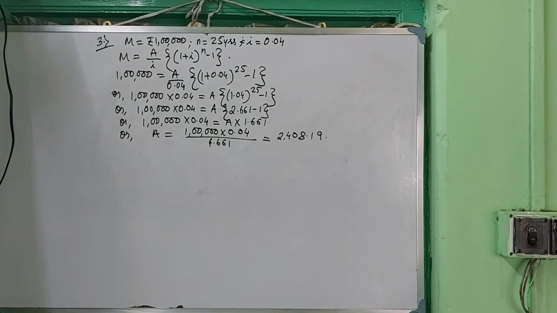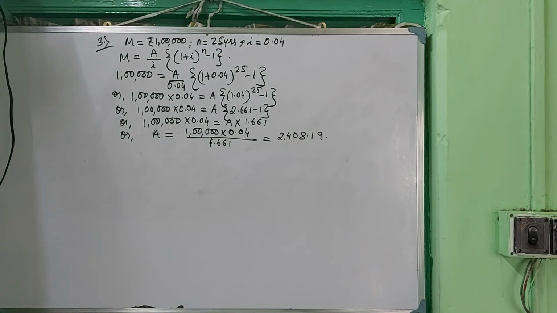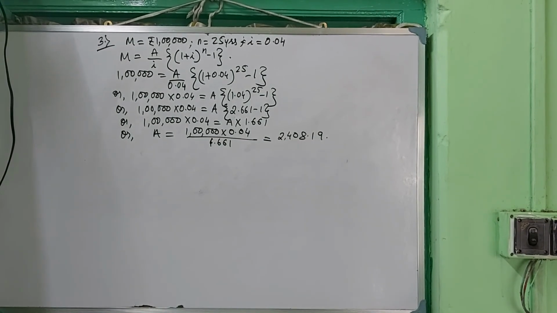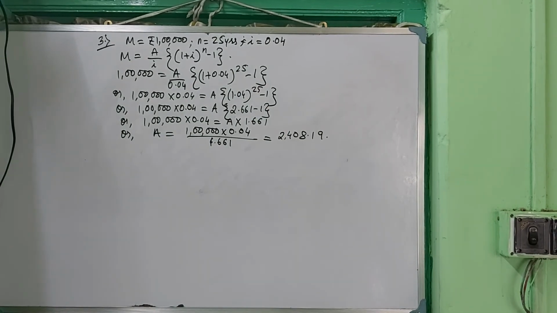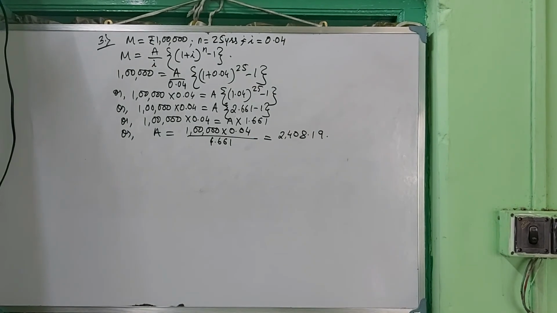Now coming to my previous day's homework, sum number 4. What does it ask? A company buys a machine for rupees 1 lakh. Its estimated life is 12 years and the scrap value is rupees 5,000.